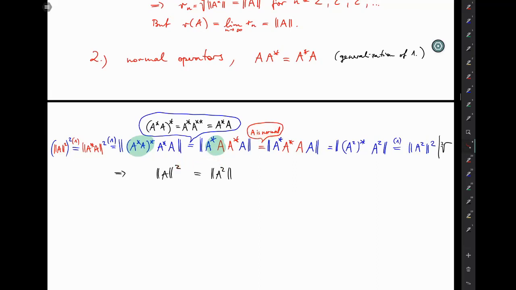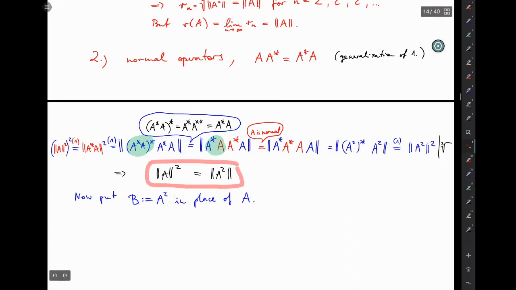Now you don't have to be scared for how the same argument looks for the power 4. It's not difficult if you do it cleverly. So the next thing you do is just to put b, which is your shorthand for a squared, in place of a in this equality. Now this equality was derived from the assumption that a is normal, so b should better be normal. And please check for yourself whether that is true.